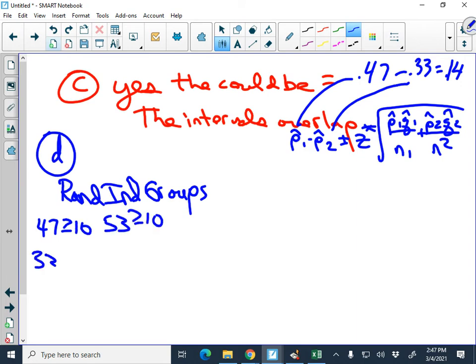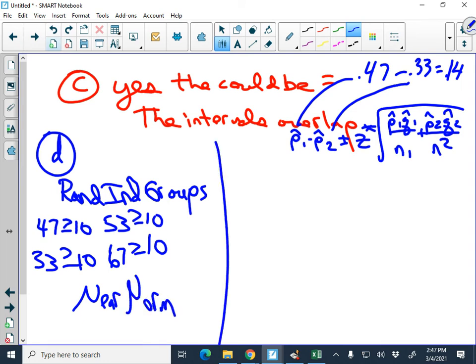We had 33 successes in the women, 67 failures. I don't need this formula. If you put that formula, you get credit for the next thing I'm going to put down. The next thing I'm going to put down is 2 prop z interval.